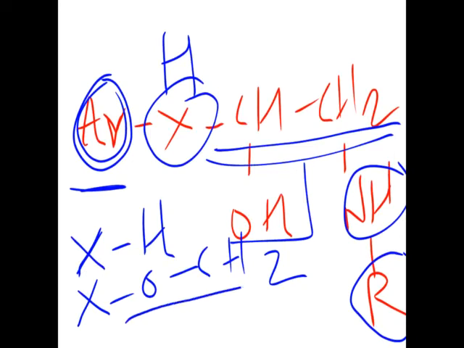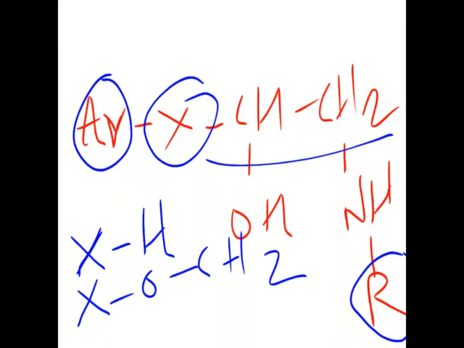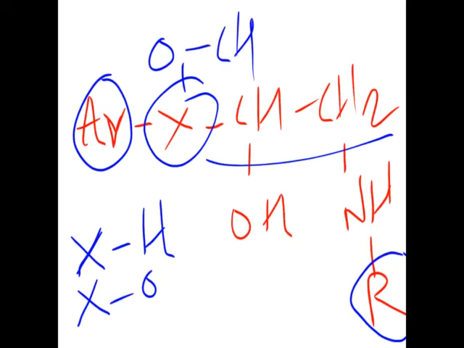Second one, if X is OCH2, what will happen? OCH2 आहे, X हा OCH2 आहे आणि हा ह्याला जॉईन केला. सो ArOCH2CH2NH.